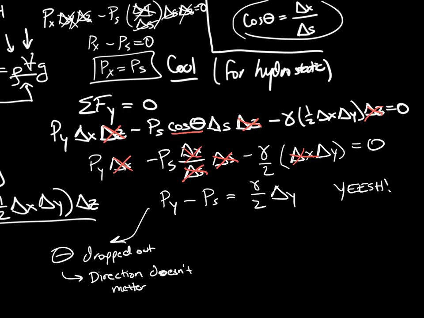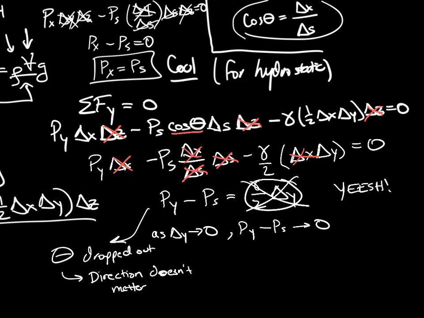The other thing is I can take a limit of this. So I can say, as delta y goes to 0, as this gets smaller and smaller and smaller, py minus ps goes to 0, because this whole side will disappear. So this is important.